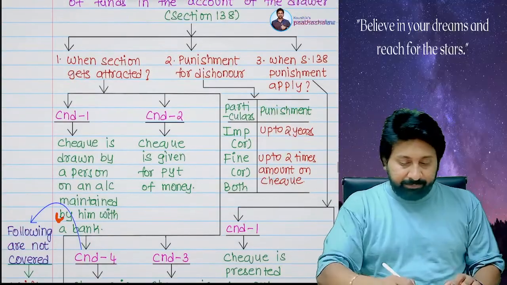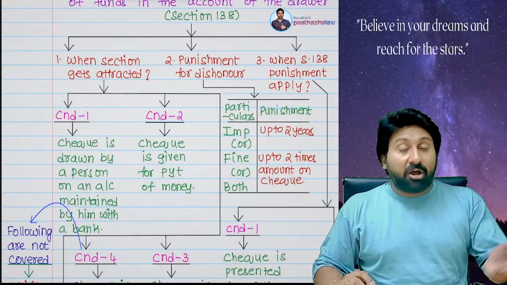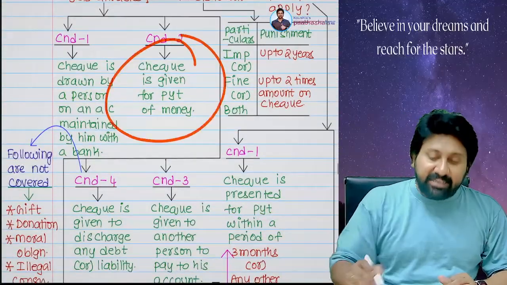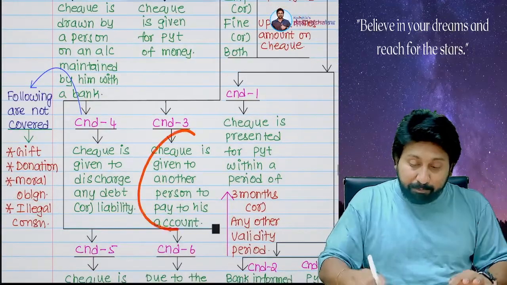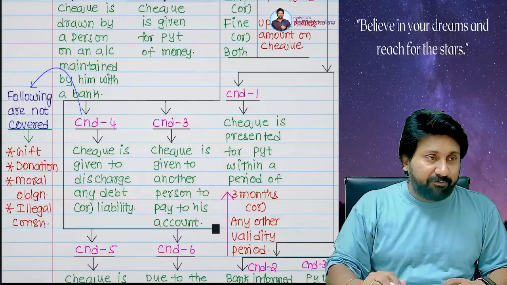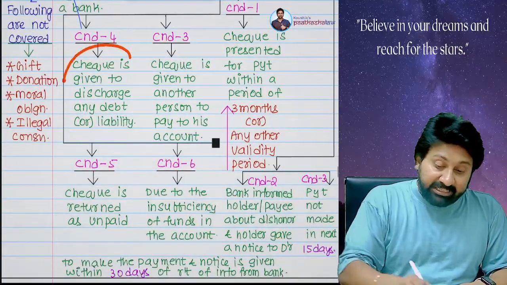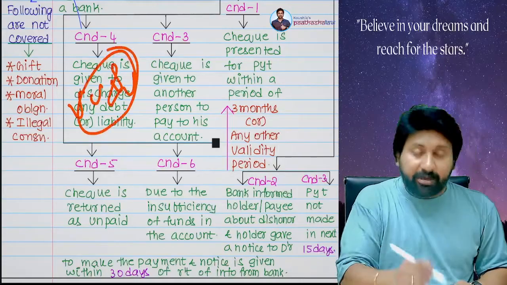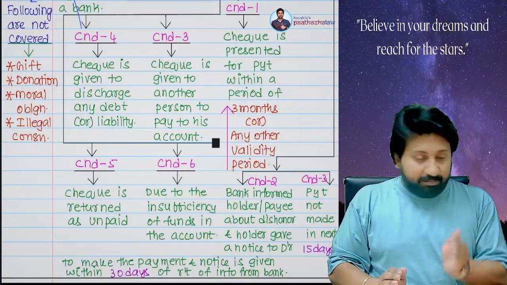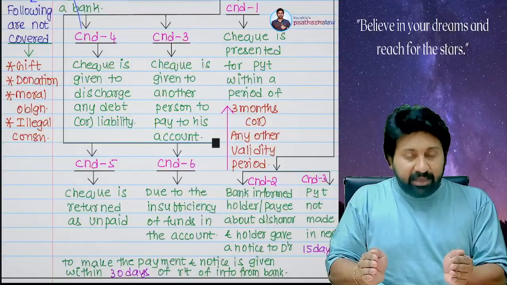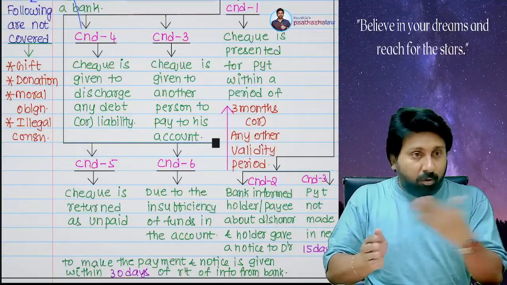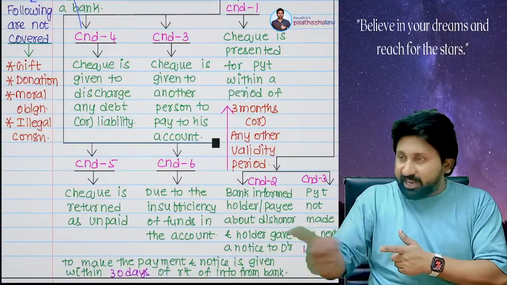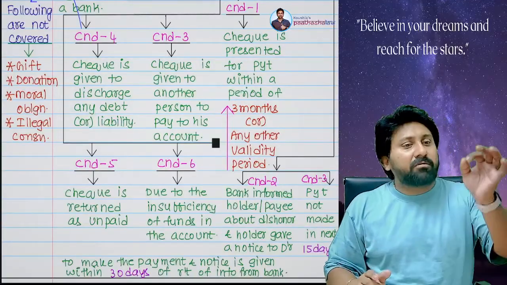Three conditions so far. First, drawn by a person on an account maintained by him with the bank. Second, the check is given for payment of money. It should be given to another person after writing the check. And the check is given to discharge any debt or liability. This is a very, very important point. For example, A and B are friends. A says to B, "If you qualify as a CA in the next attempt, I will give you 1 lakh rupees."